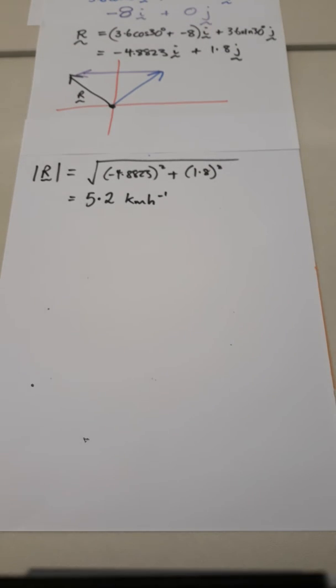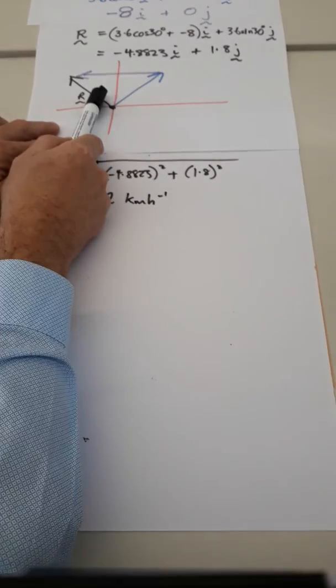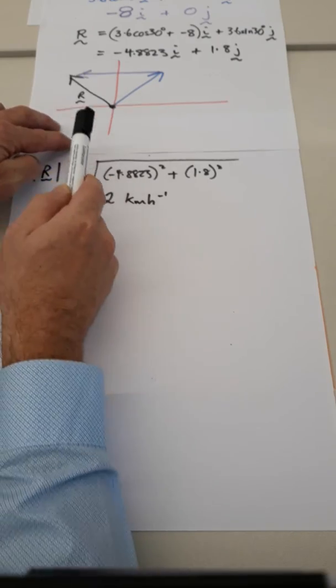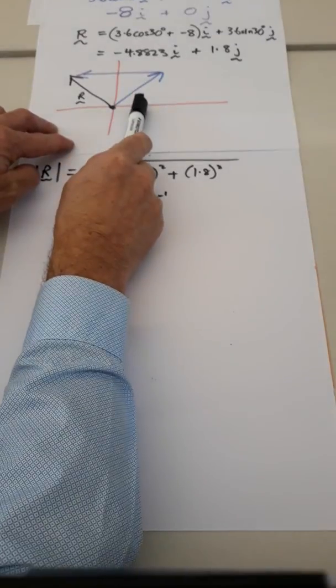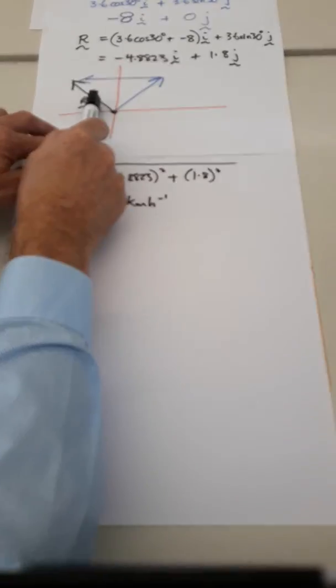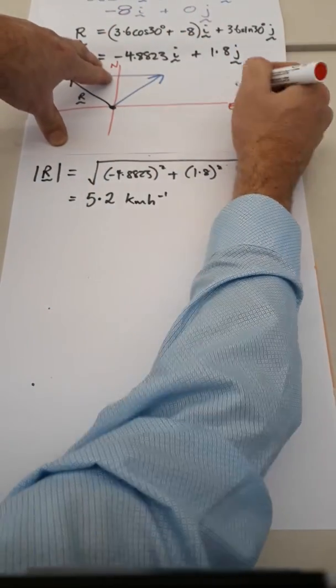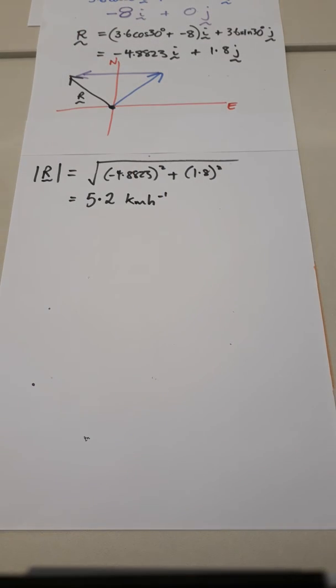What direction? Well, there's various ways you can answer the question about direction here. From the positive direction of the x-axis is going that way is quite common. You could just point out what that angle in there is. You could go around this way, from the north all the way around to there if you want a true bearing. And bearing in mind that we do have a north and an east in our question, we are referring to those directions.